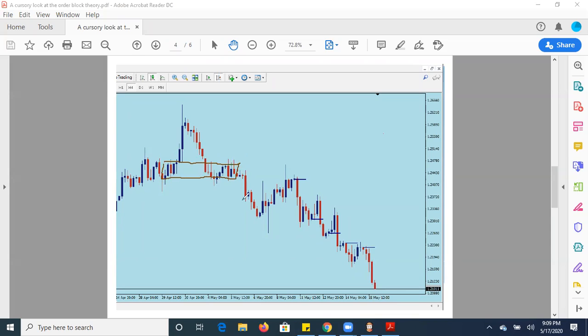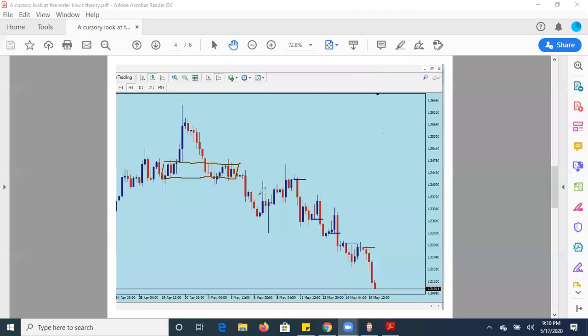And price started dropping down. You notice we had, by our definition, this order block here. We were anticipating that when price trades into this block, then we would sell. Of course, price traded through it, but didn't close above it. So we were basically sellers. And then we sold down, right?